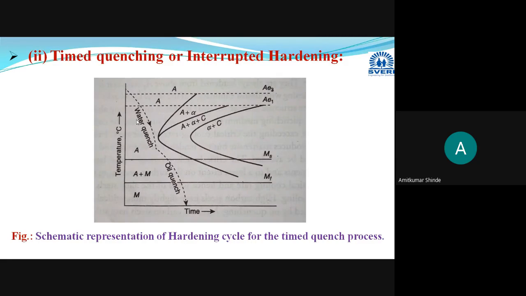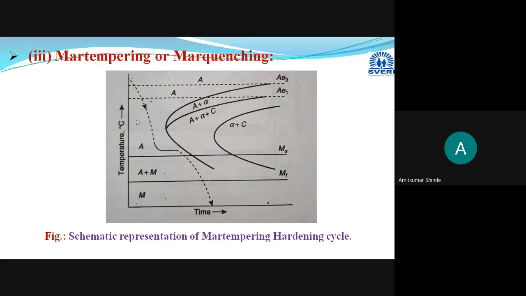Okay, and after this, the third type of hardening is mar tempering or mar quenching process. The first two steps, the heating cycle and the holding time, will be the same. After that we use the cooling cycle.